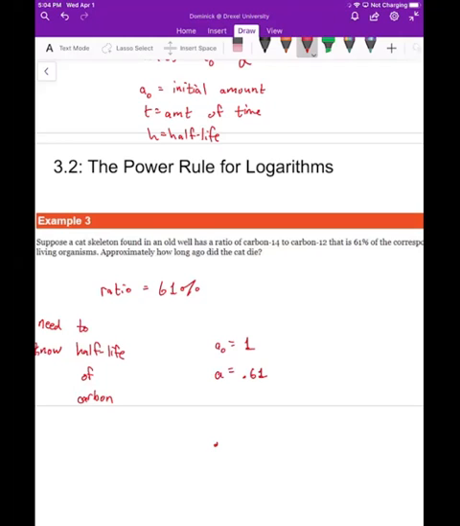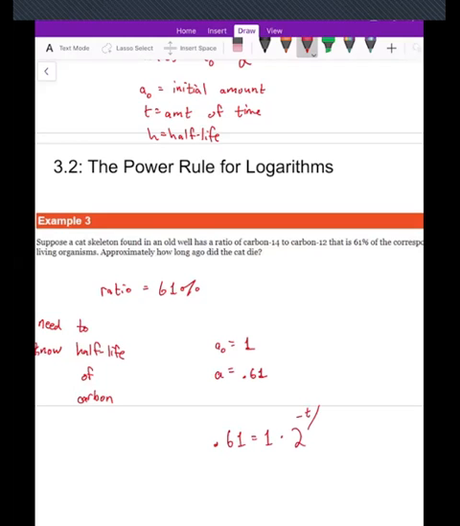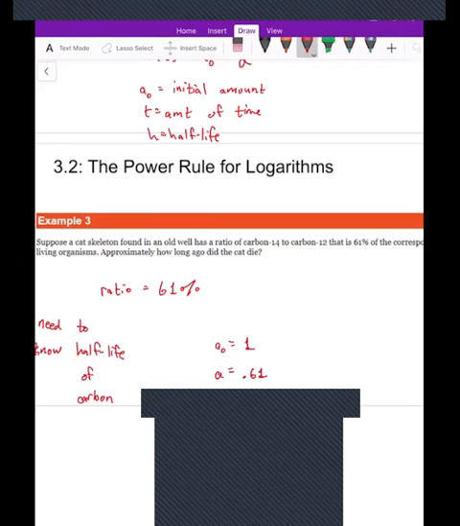We can say 0.61 is equal to 1 times 2 to the negative t over h, and h would normally be given to you. The book should have had this in there, but it doesn't. Let me see if I can look up the half-life of carbon-14 real quick.